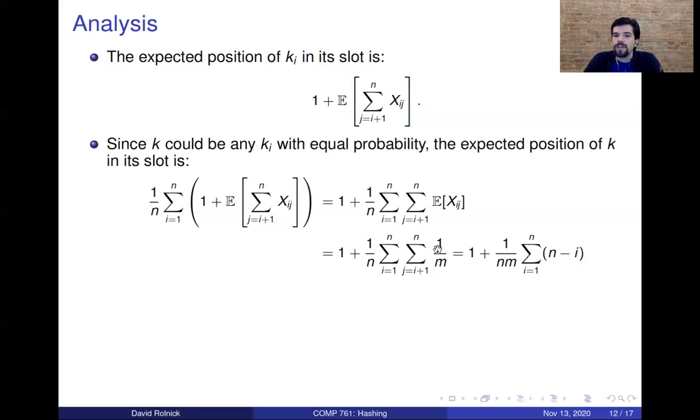There are n minus i of these 1s, so great, we have this. How can we calculate that? Let's just write it out. It's 1 plus 1 over nm, and then the summation is n minus 1, n minus 2, all the way down to 0.